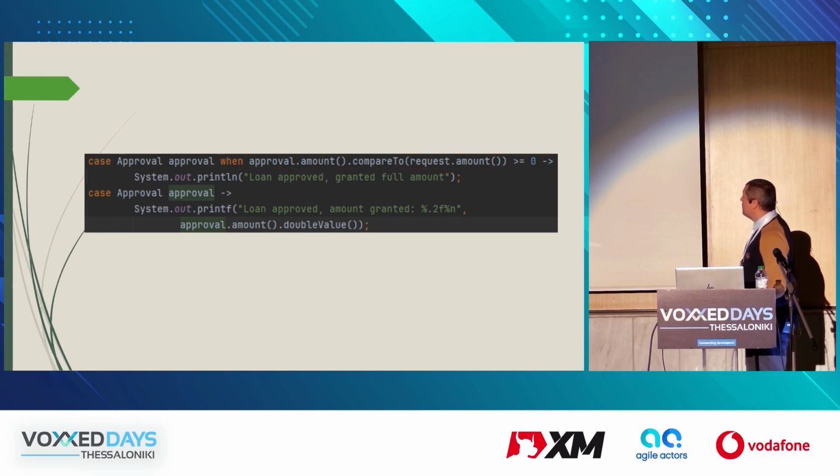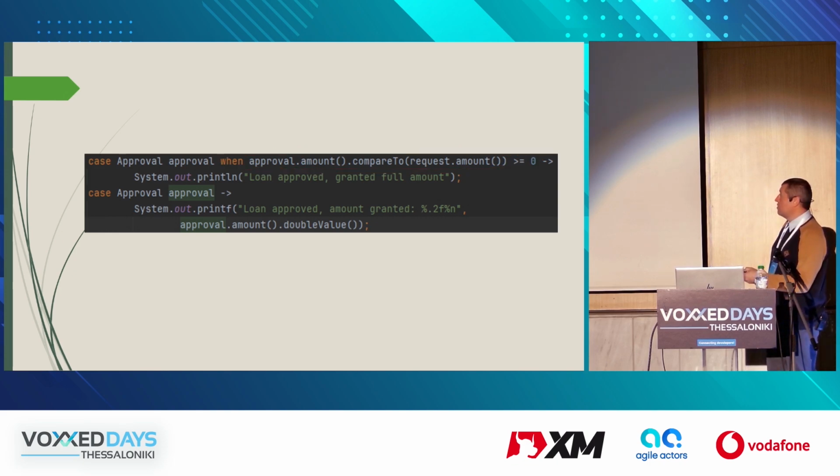It's using a very simple clause, when, after the naming of this branch. And what is also more important, you can see that you can use these approval variables already in this condition, because the Java compiler knows that if this has been true, then definitely the approval can be cast to the Approval class, so we can use that, that's okay.